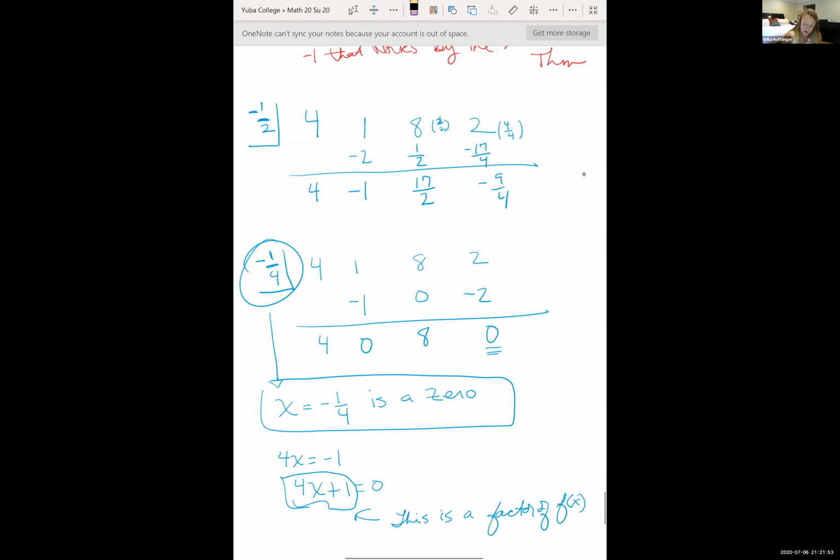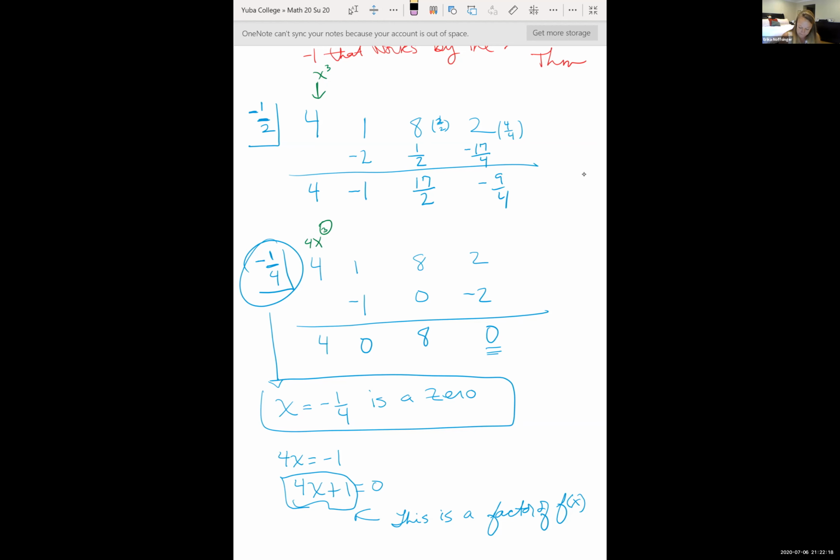Okay, we also know that our quotient is a factor of f of x because our remainder was 0. And our quotient, we were starting before, this was an x cubed function. And so 1 degree less, or x squared.